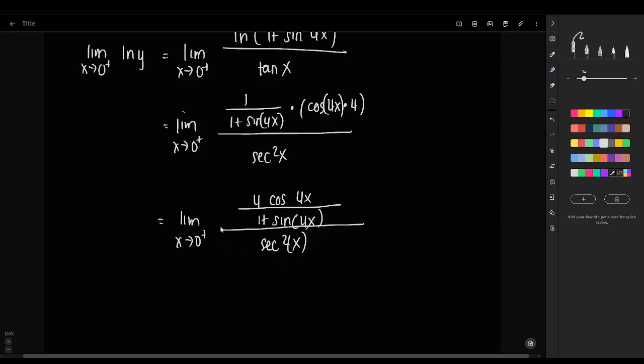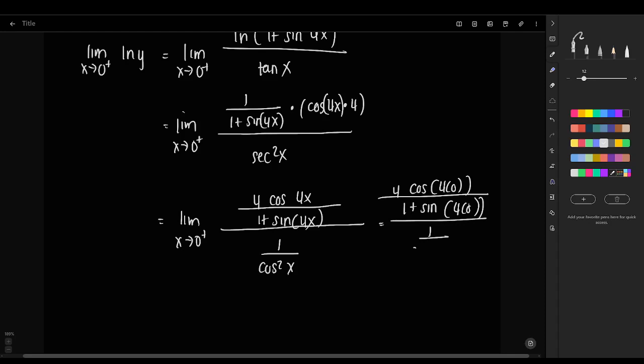So could we apply 0 here? Yeah, maybe. I could change this to 1 over cosine squared of x. So this is 4 cosine of 4 times 0 all over 1 plus sine of 4 times 0, all over 1 all over cosine squared of 4 times 0. This should be much shorter.